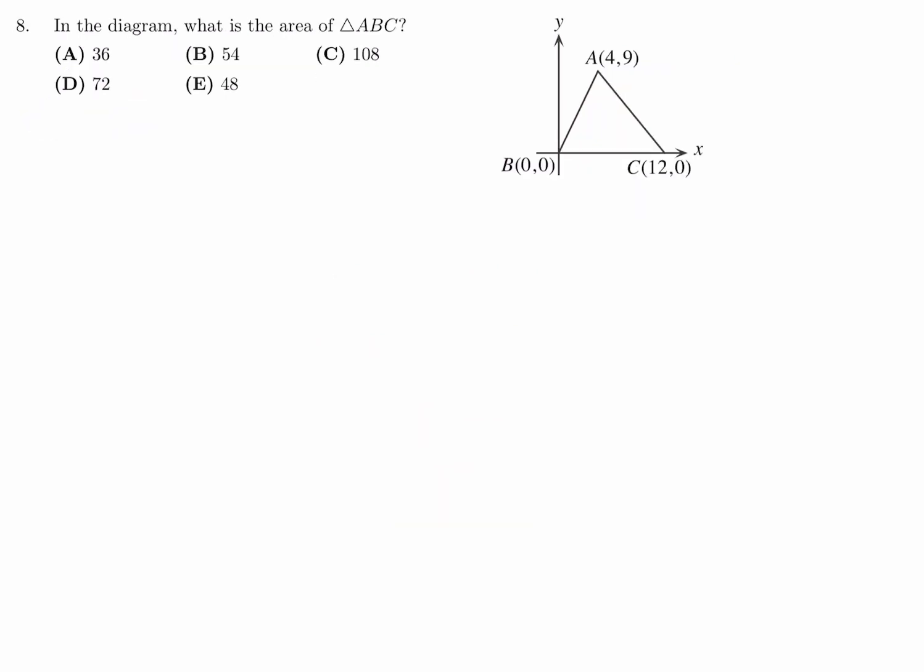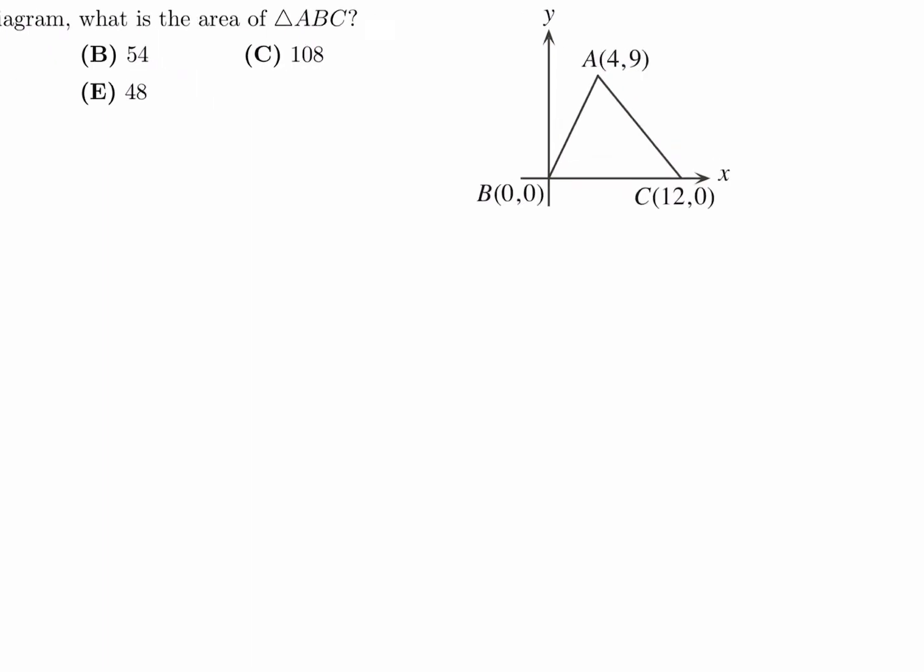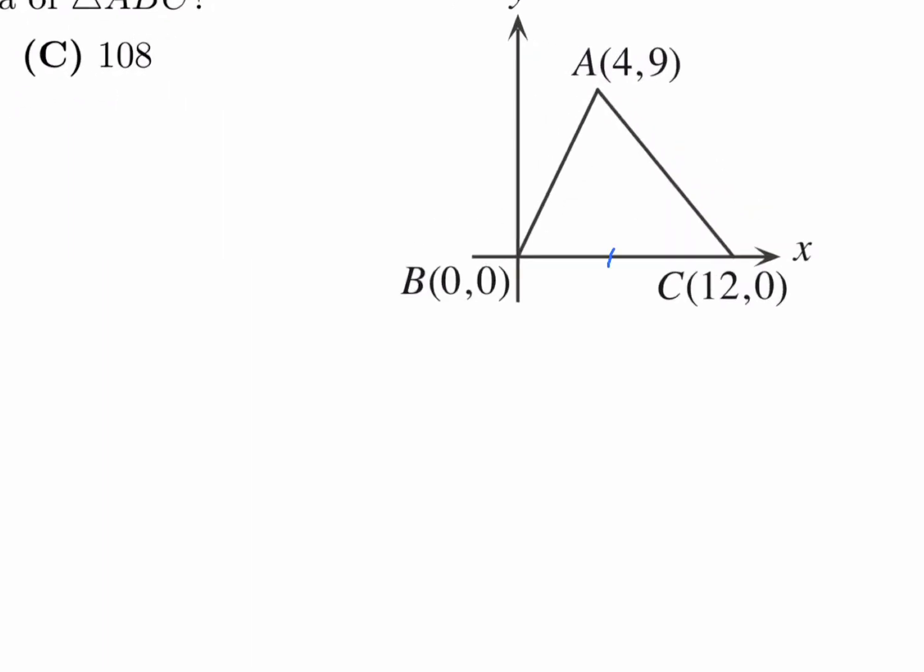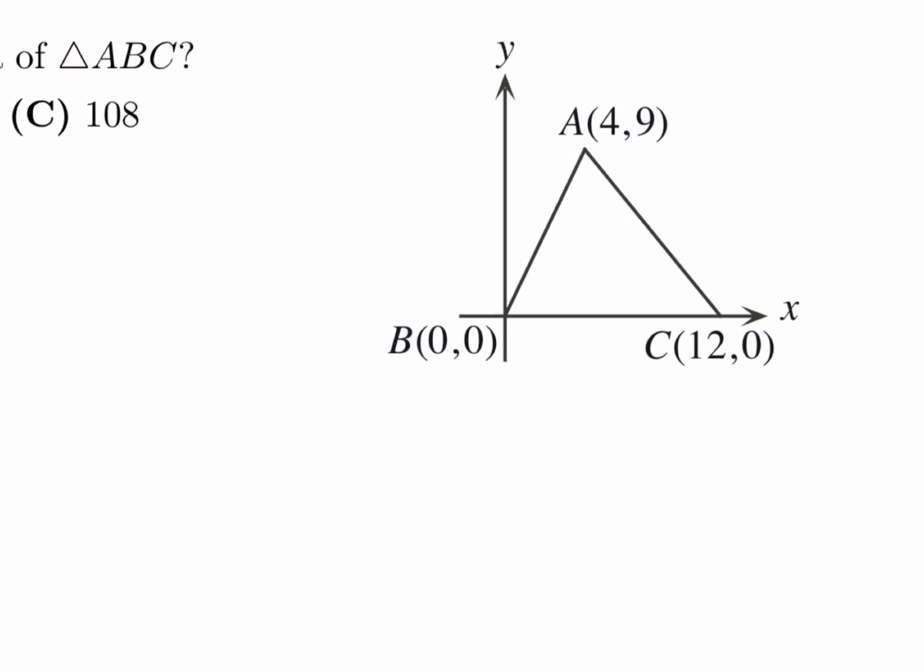In the diagram, what is the area of triangle ABC? So let's blow this up a bit. This is going to be essentially dependent entirely on the coordinates. So if this is the height from top to bottom, that distance is the y-coordinate of A, and that would be 9.